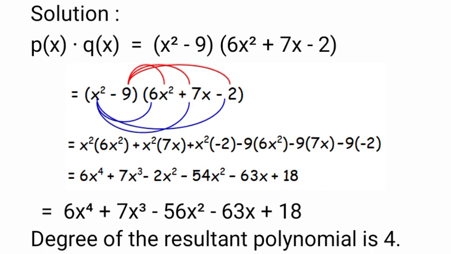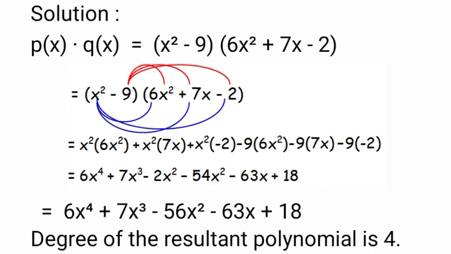Now take one polynomial. First term is x square. So x square into 6x square, 1 into 6 is 6, x square into x square.